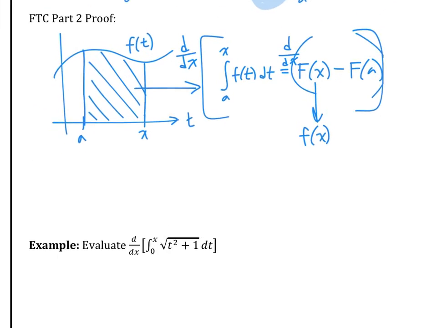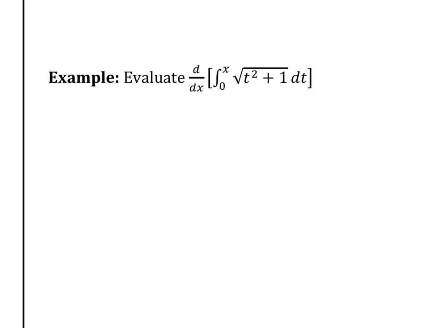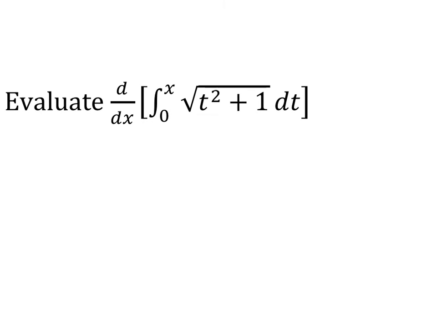So essentially, when you take the derivative of an integral, the two operations cancel each other, because you're basically saying integral of a derivative, so you come back to where you were.